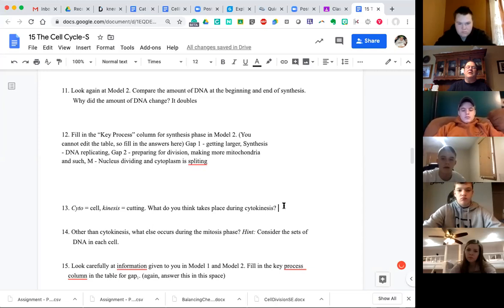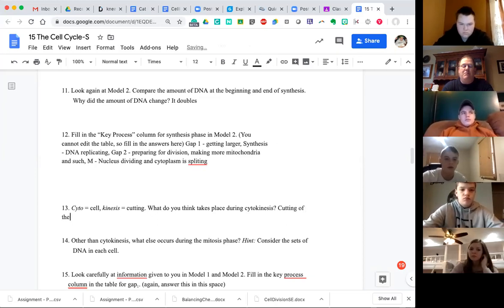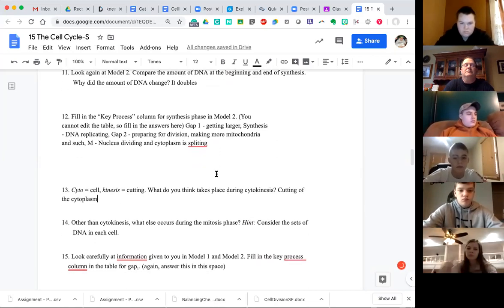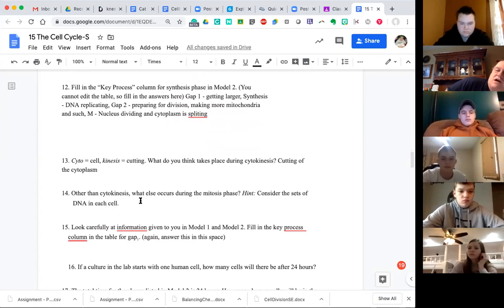Okay, moving on to 13. So cyto means cell, kinesis means cutting. So what is taking place during cytokinesis? Shout out. Cutting of the cytoplasm. You bet. In most cells, that happens equally. Sometimes in the division of the sex cells, it can be unequal, and that's kind of on purpose, especially when the female is making the egg.